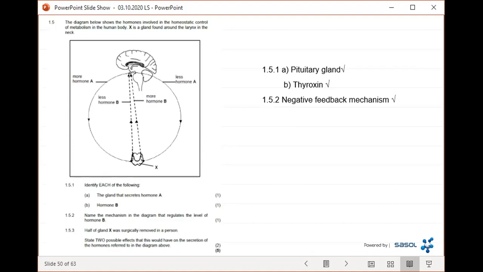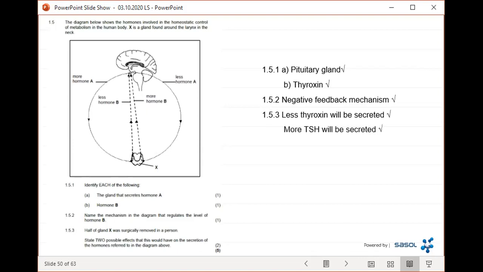Then question 1.5.3, half of gland X, the thyroid gland, was surgically removed in a person. State 2 possible effects that this would have on the secretion of the hormones referred to in the diagram above. We know that the thyroid gland secretes thyroxine, meaning that less thyroxine, or less hormone B, would be secreted.